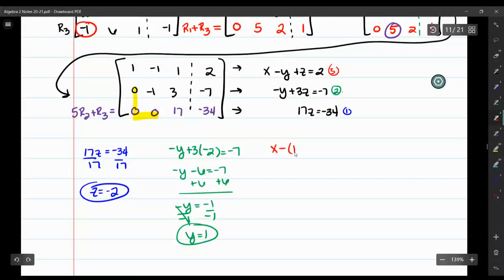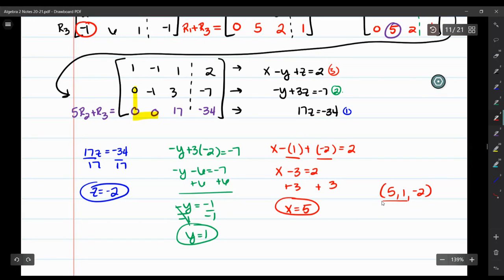So x minus y is a 1, z is a -2, equaling 2. So these I can go ahead and add together. So we have x minus 3 equals 2. Add over the 3. And we get x is equal to 5. So your final solution here is 5, 1, -2.